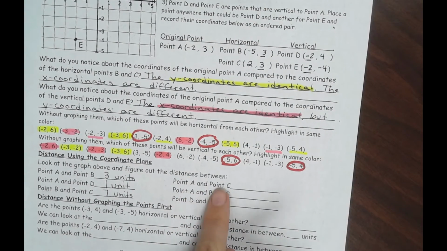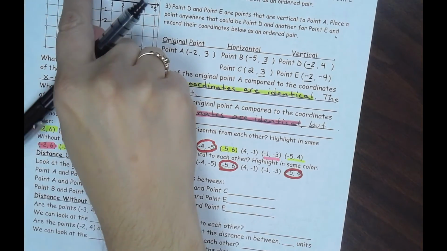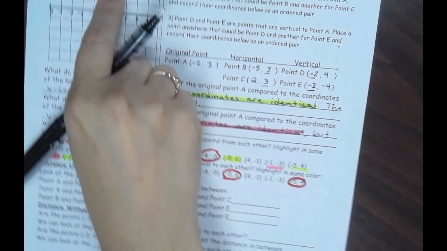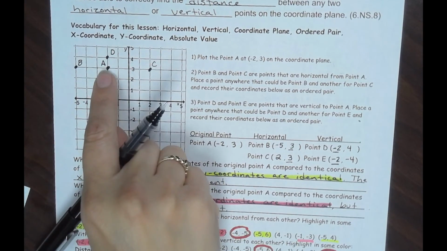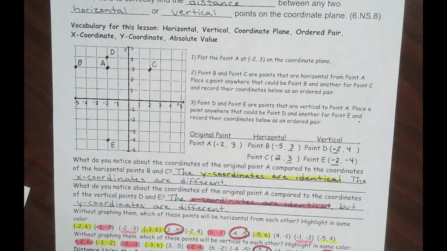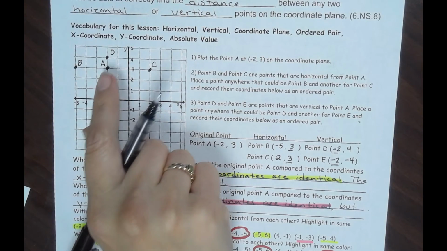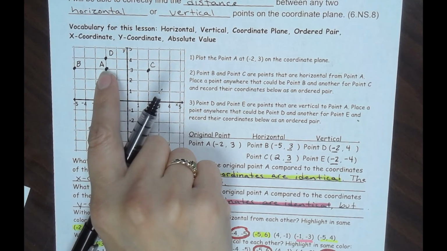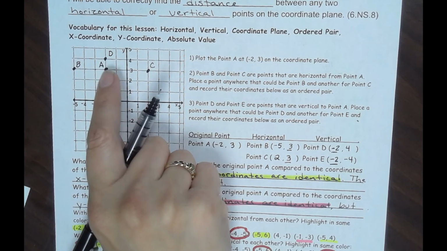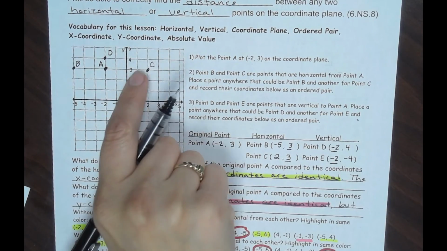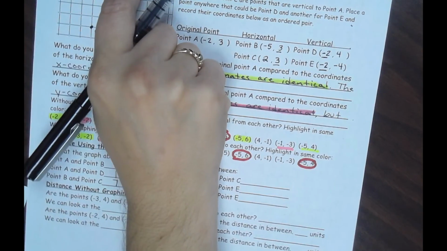Okay, point A to point C. On mine, yours might be different. So if you graph differently than me, go ahead and count what your distance is. For mine, A to C is 1, 2, 3, 4 units.